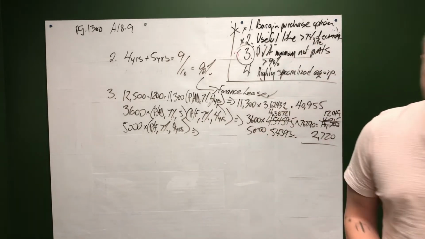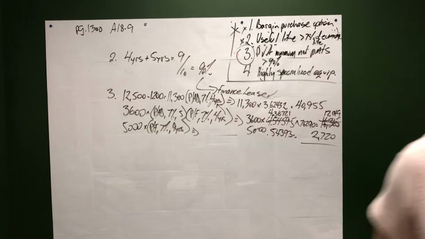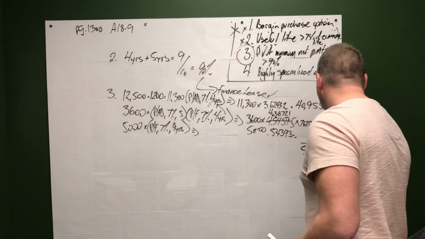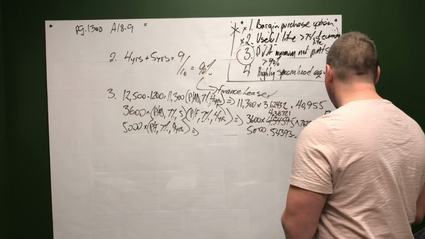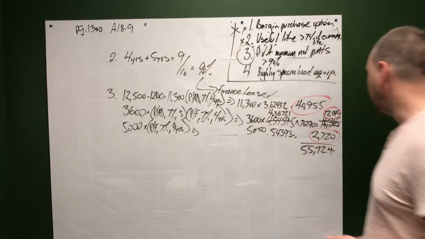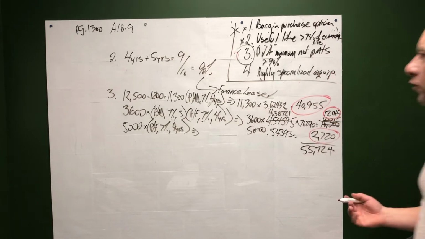So now we're going to add up all three totals. And what are we going to get? 55,724. So it's this, this, and this, giving us 55,724.